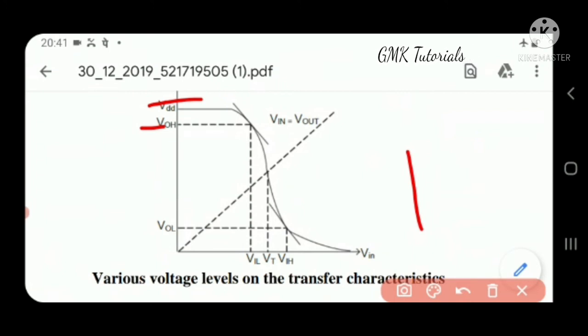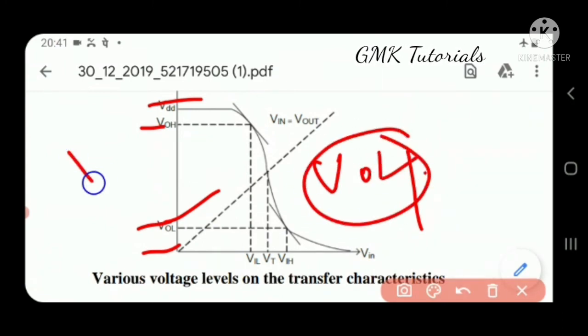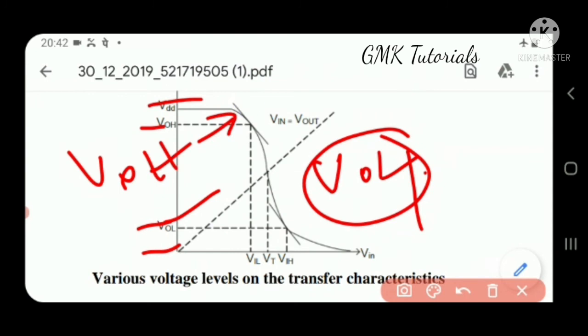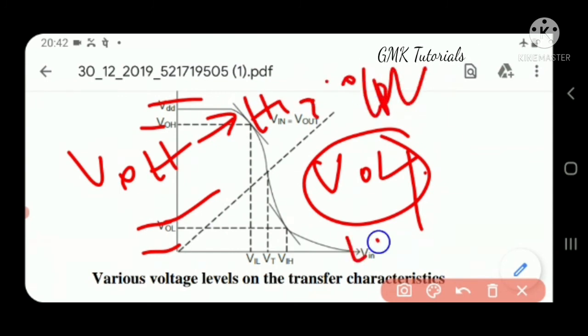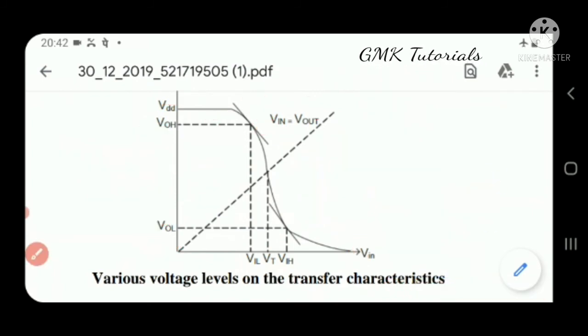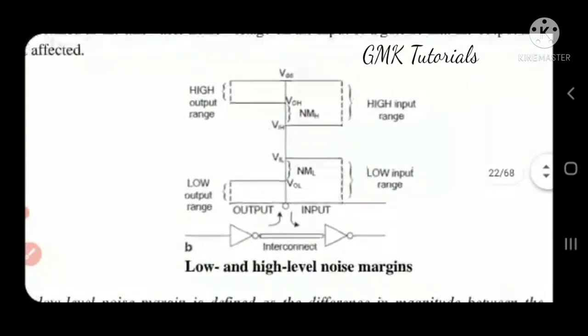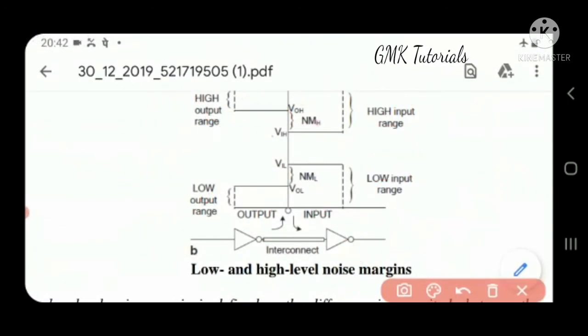VOL is the low output voltage and VOH is the high output voltage. That is very important. Now, this inverter produces two kinds of output, a low output and a high output.